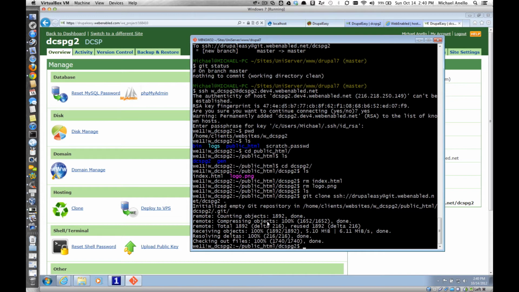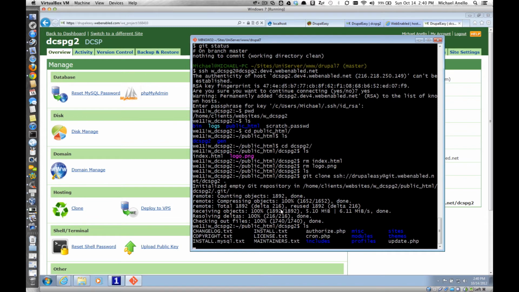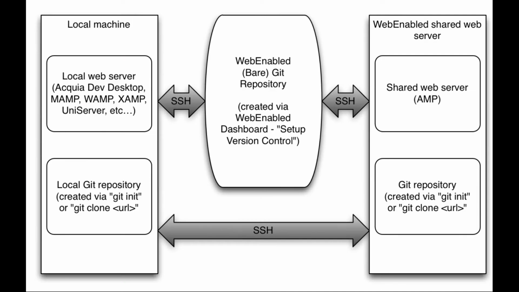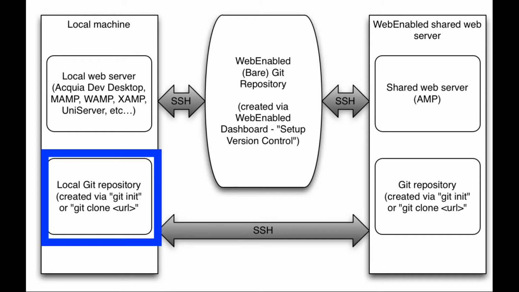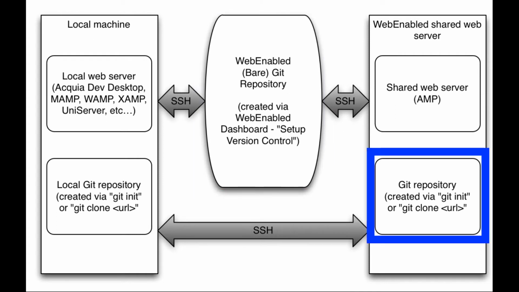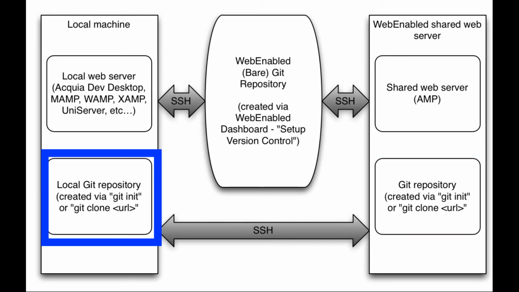It's checking out all the files, and we're done. Now if we do an ls, we're going to see all of our Drupal files. Remember, these are the Drupal files that started here, that we pushed up to our repository, and now we've just cloned them over here. So the files on our shared web server are now identical to these files.